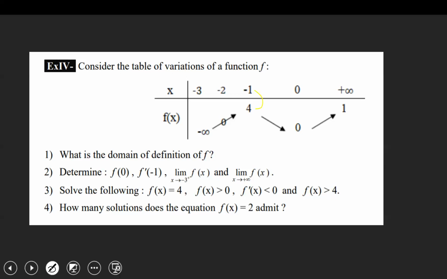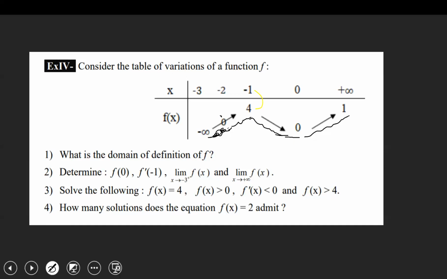Let's read it on the table of variations. We start with minus, minus, minus, until we reach zero. Then we become plus, plus, plus, up to 4, then plus, plus, plus, until we come back to zero. So I want to know when it is positive. For what values of x is f of x positive?